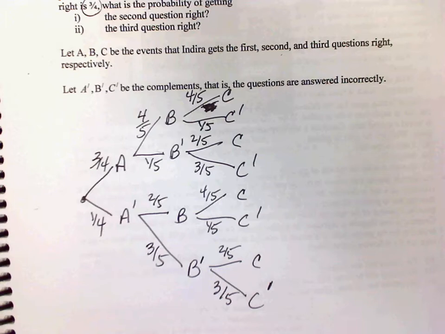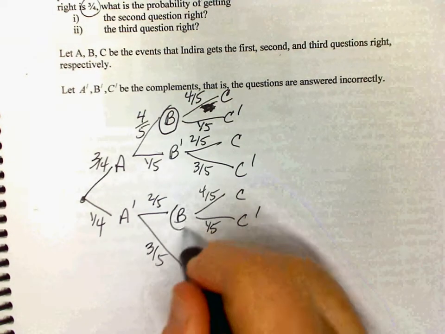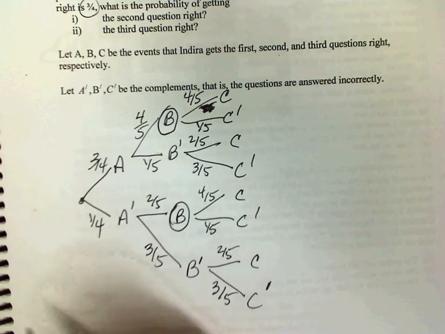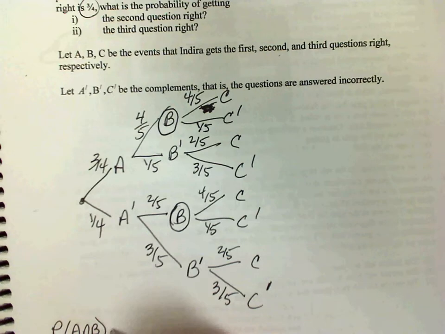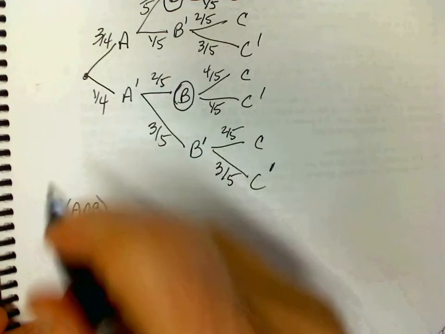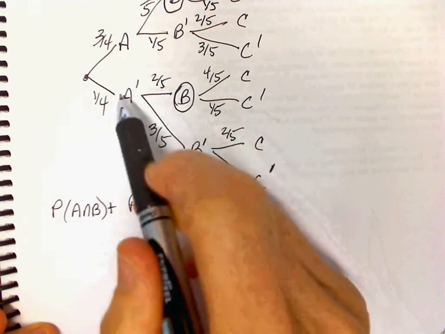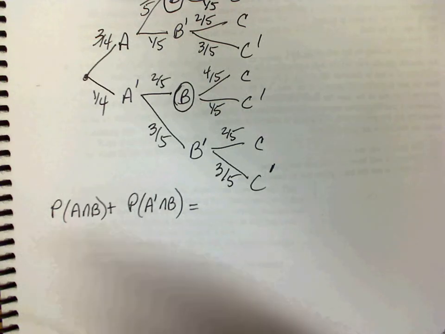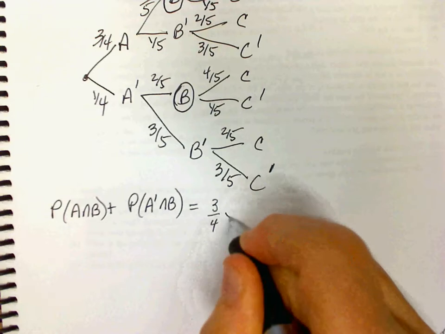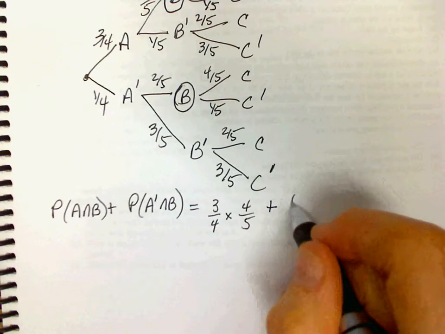Okay. What is the probability of getting the second one right? It's here, right? And here. Agreed? So probability of A intersection B plus probability of A not intersection B, right, is equal to, well, that's just going to be 3 over 4 times 4 over 5 plus 1 over 4 times 2 over 5.